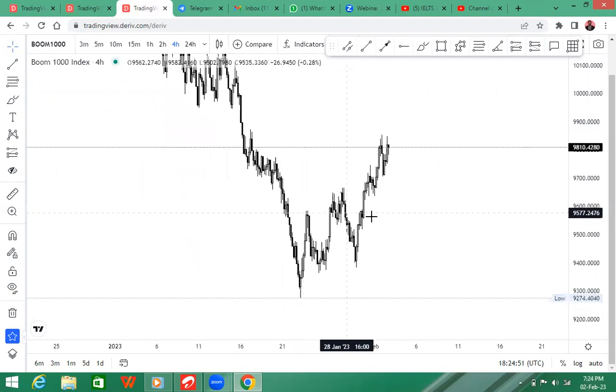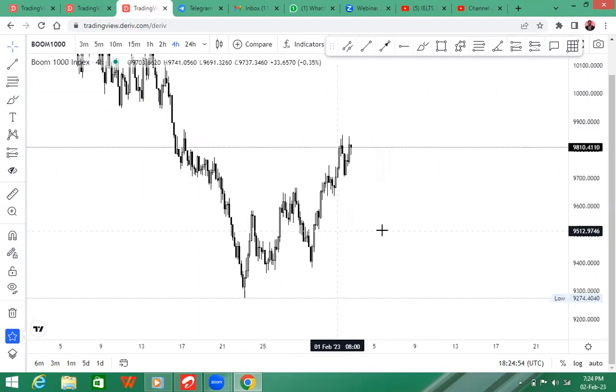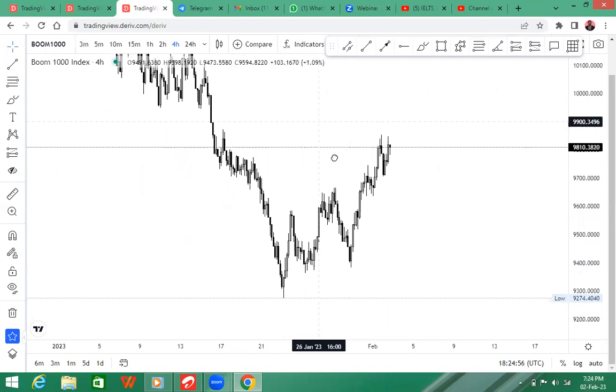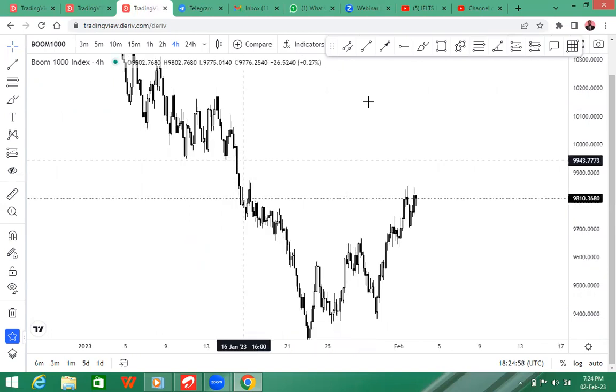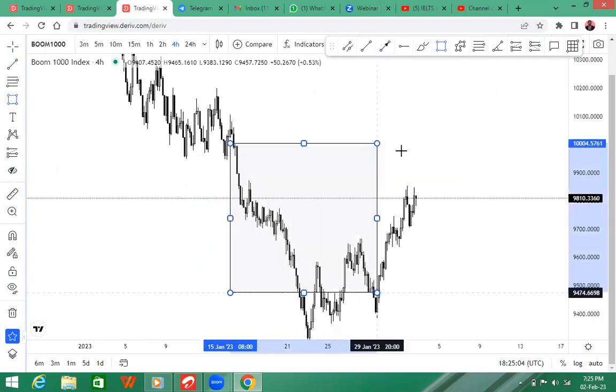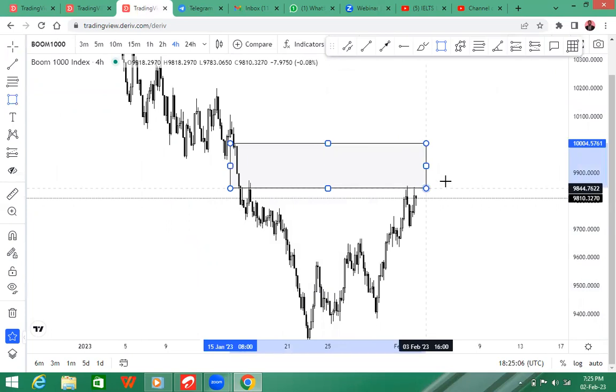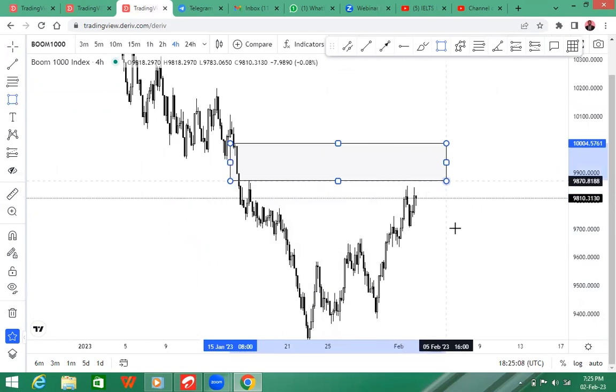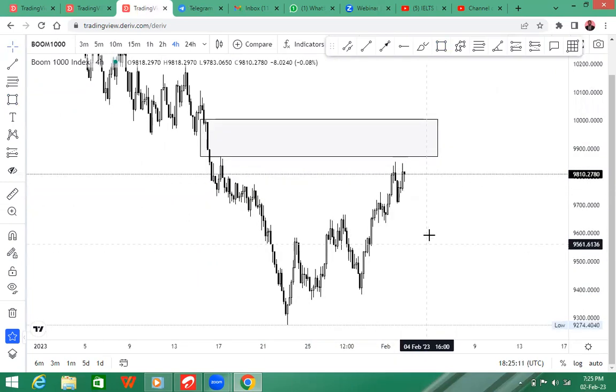And now price is following this structure on the retracement move, because you can see a huge imbalance around this place, coupled with a smart money cube around all of this region. So let's go to 15 minutes. I want to show something from 15 minutes.